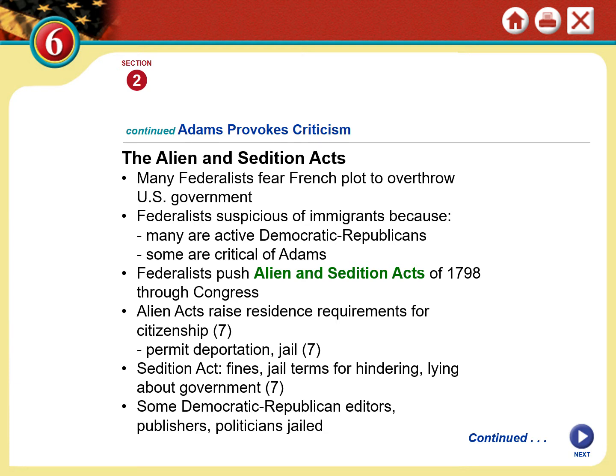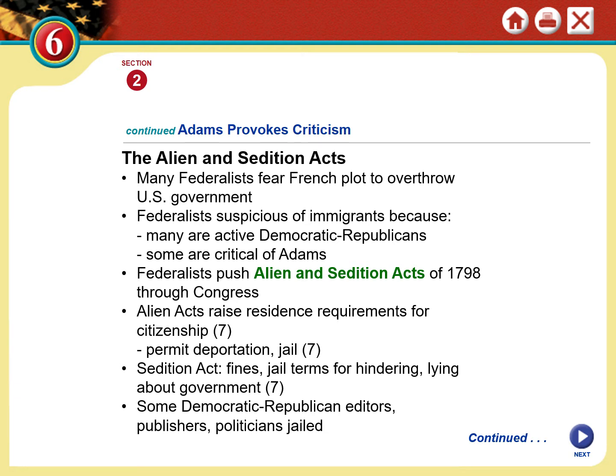And so the Federalists, who were in power at this time, pushed through Congress the Alien and Sedition Acts in 1798. The Alien Act raised residency requirements for U.S. citizenship. So now, because of this undeclared war with France, you had to have lived in the country 7 years before you could become a U.S. citizen.